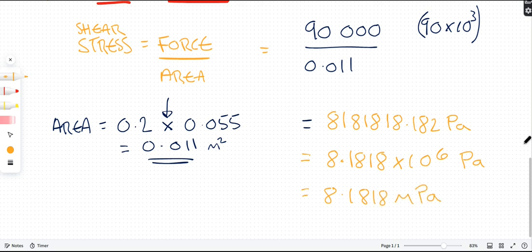Megapascals. So there's nothing wrong with this answer. Just make sure you get the right numbers and the right decimal places. Okay, that's the shear stress. That's how much stress this thing's under.